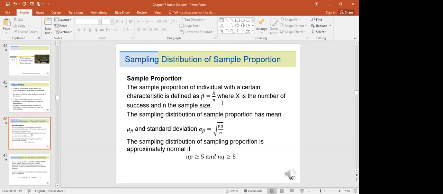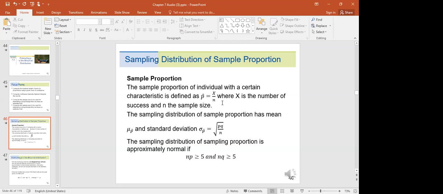The sampling distribution of sample proportion has mean the population proportion, and it has standard deviation square root of pq over n. So we use the Z distribution if np is greater than or equal to 5 and nq is greater than or equal to 5. Essentially, we are saying n is large enough.